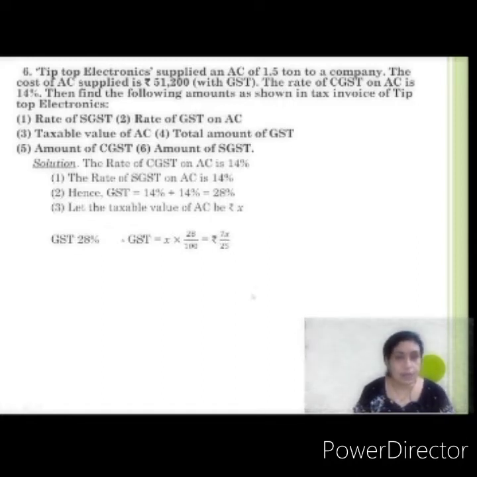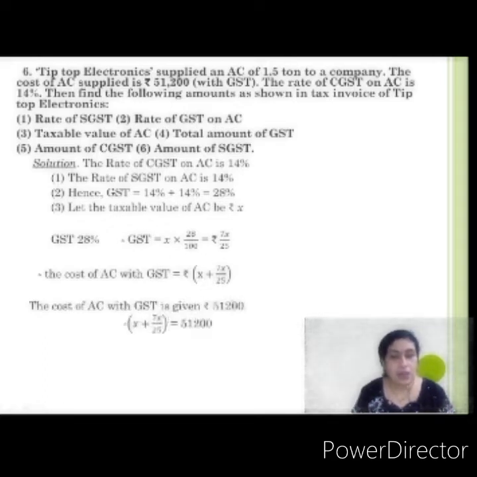Okay, the total amount is already given. So this will be X plus 7x upon 25. X is the taxable value plus 7x upon 25 is the GST added to the taxable value. So this is the cost, and this cost is already given as 51,200. So this should be equal to 51,200.